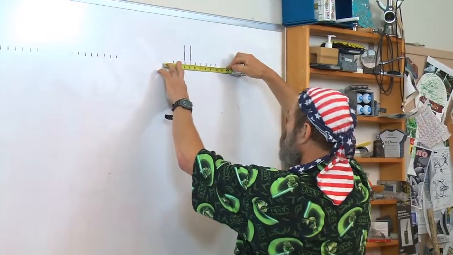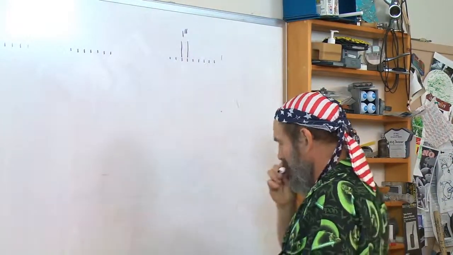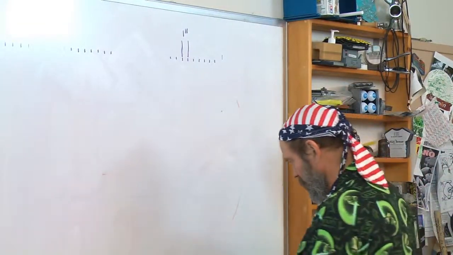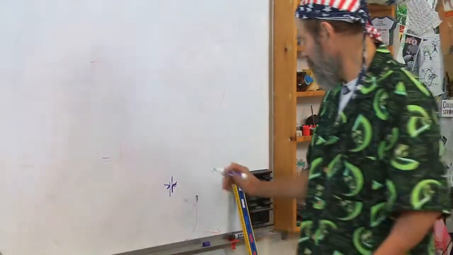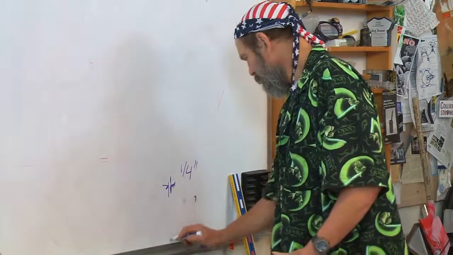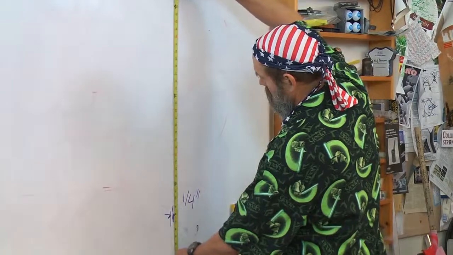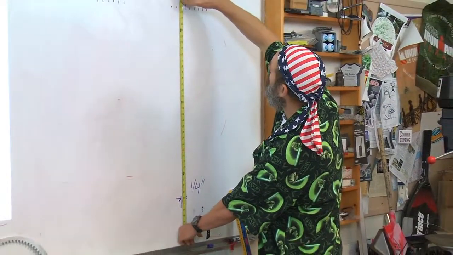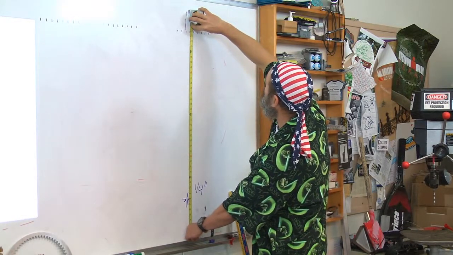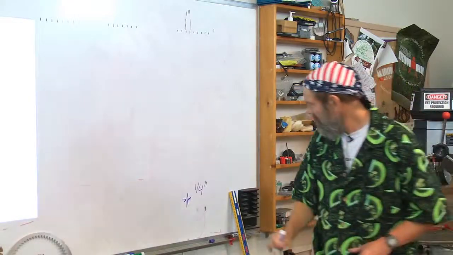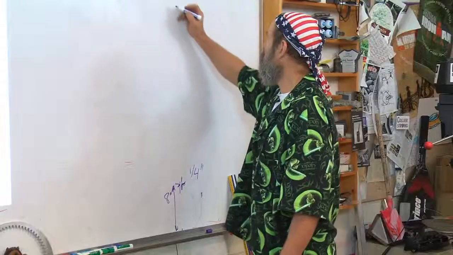We're using Jurassic units here: we've got 1 inch between the marks. And between these marks down here, we've got about 1/4 of an inch. This is my pivot point down here, and we're about 8 inches there and about 40 inches at the top. So from here to here was about 8 inches, and this is about 40.